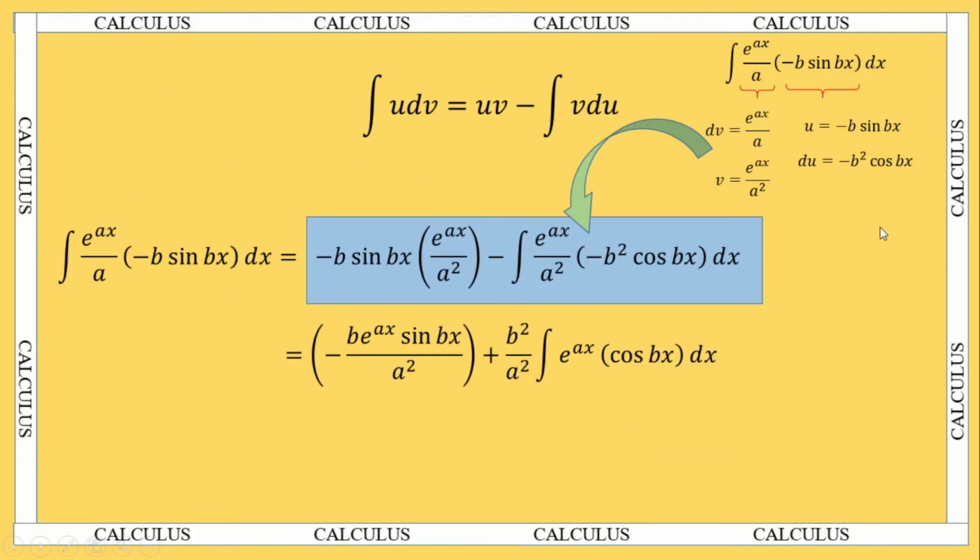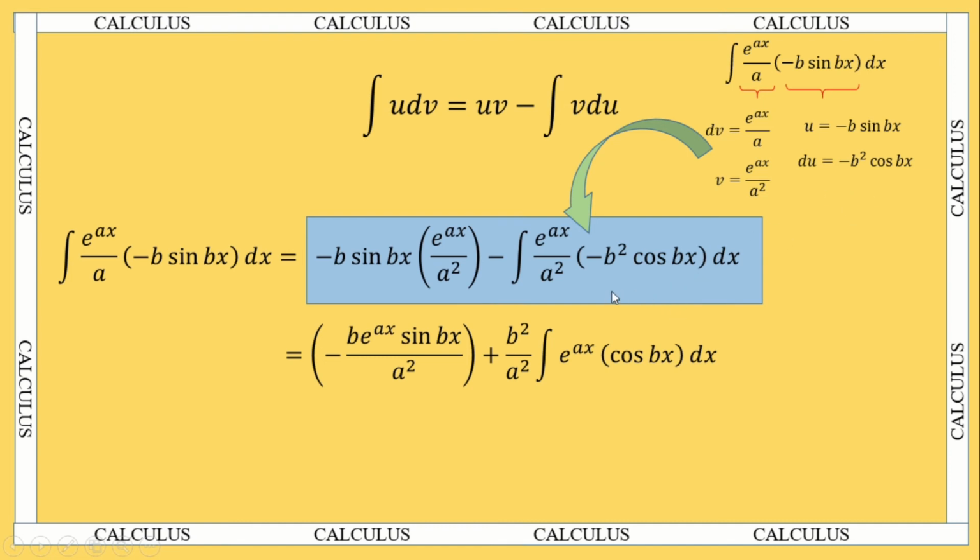After we integrate and differentiate, we just need to substitute into the integration by parts formula. First, u multiplied by v, minus integral of v multiplied by du.